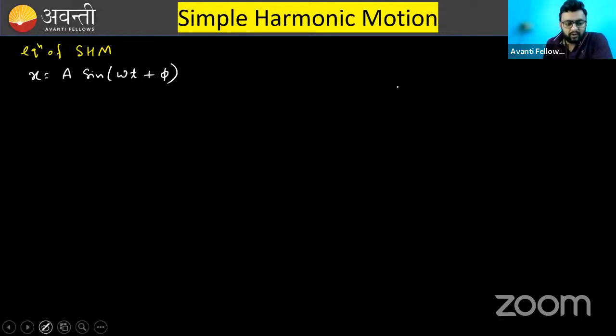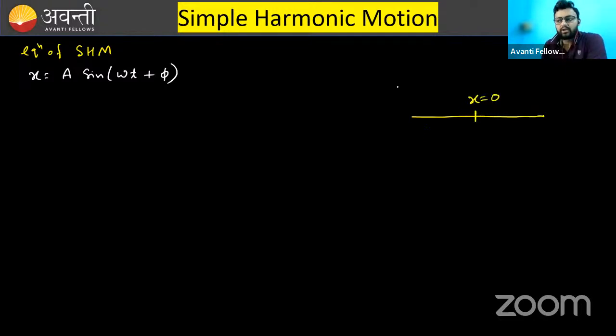Now, if I talk about another thing, that is how we have represented SHM. We have represented SHM like this. A particle moving along this path, or you can say oscillating along this path about a mean position, which is called x equals 0. All the distances or displacements are to be measured from this point only.